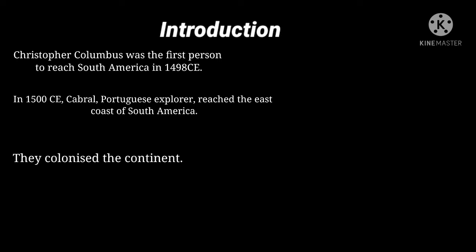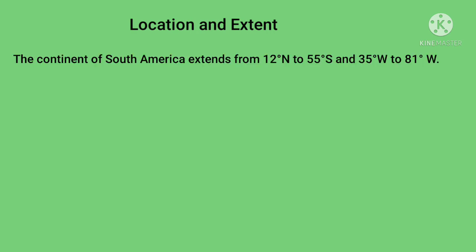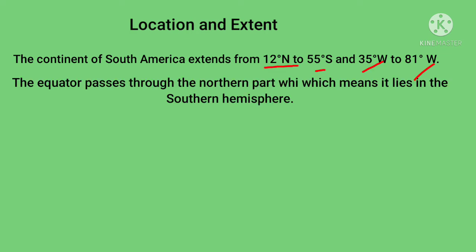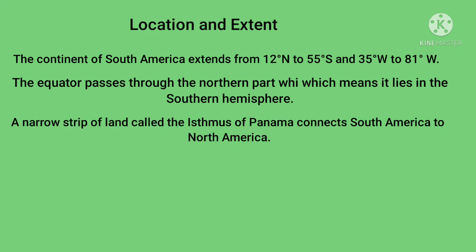Now let us move on to the next topic of our discussion, the location and extent of South America. Here we'll see the latitudinal and longitudinal extension and the important water bodies surrounding the continent. The continent of South America extends from 12 degrees north to 55 degrees south latitudinally, and from 35 degrees west to 81 degrees west longitudinally. So the majority of this continent lies in the southern and western hemisphere.